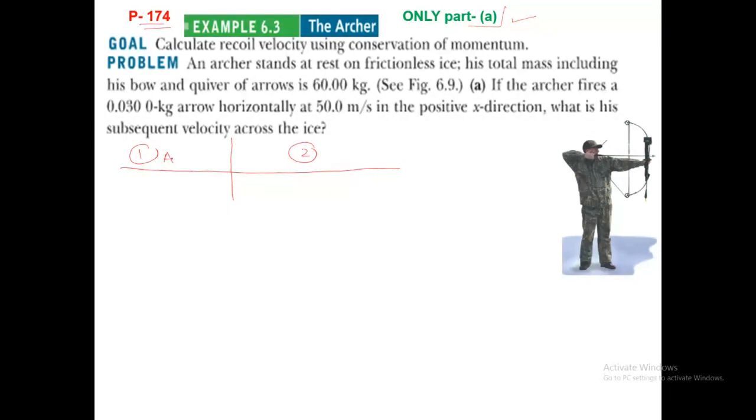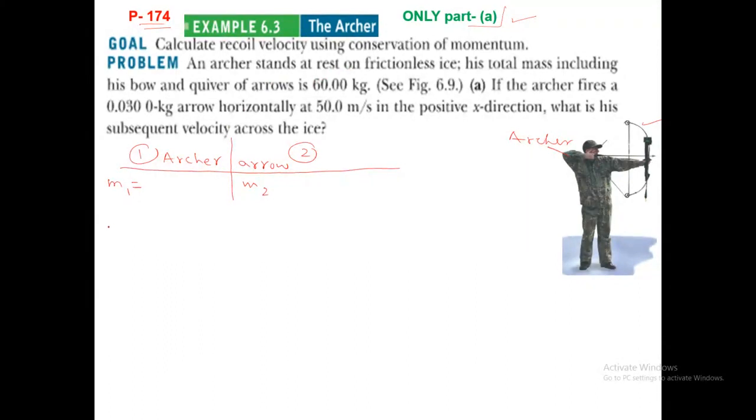This is the archer and this is the arrow. Archer means the man. He is the archer, and this is his bow. This is the arrow. Let me call the archer 1, so I call it M1. This is M2. The person is at rest.